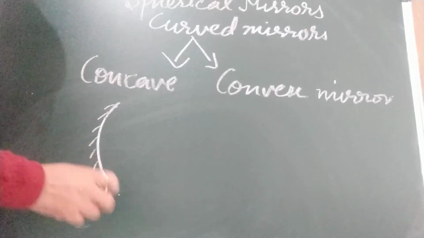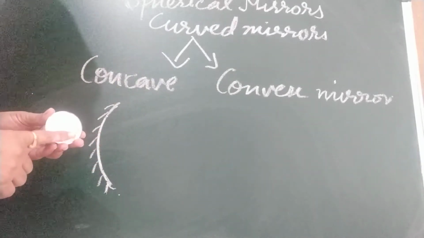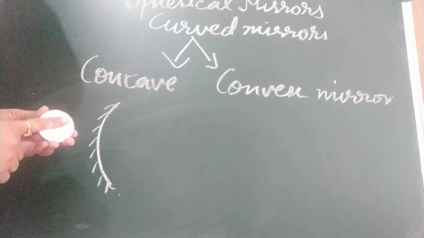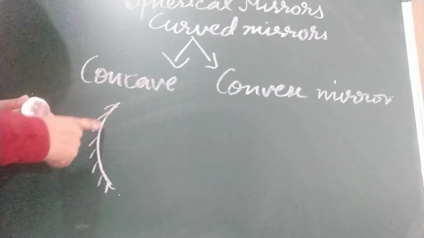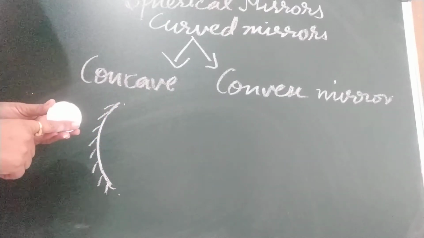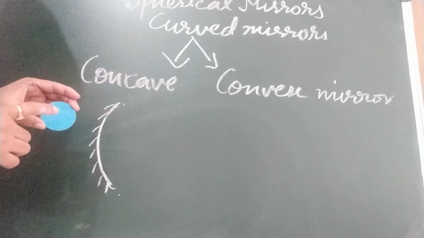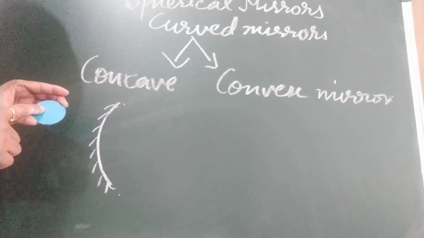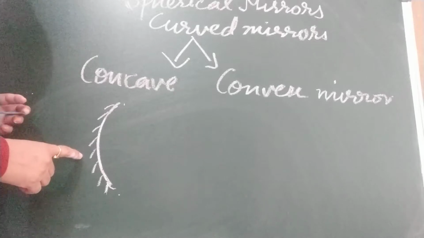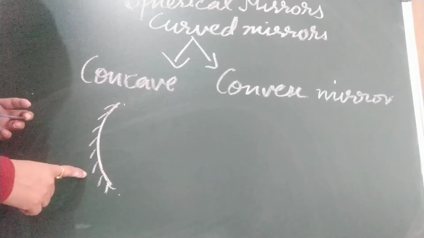Same way, this mirror is a concave mirror. When you touch it, you will find a depression is there. Not too much like this, but you can find the depression. This is the reflecting surface and this is the polished surface. A spherical mirror whose reflecting surface is curved inwards is called a concave mirror.